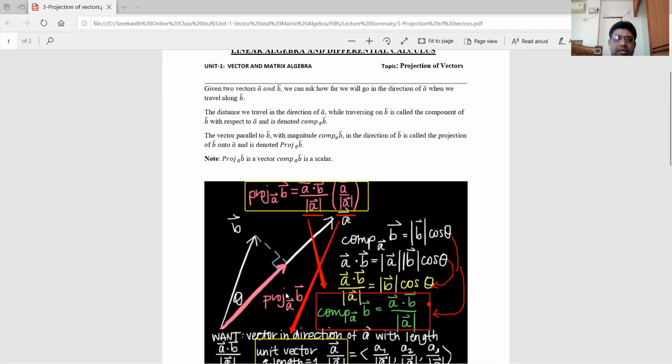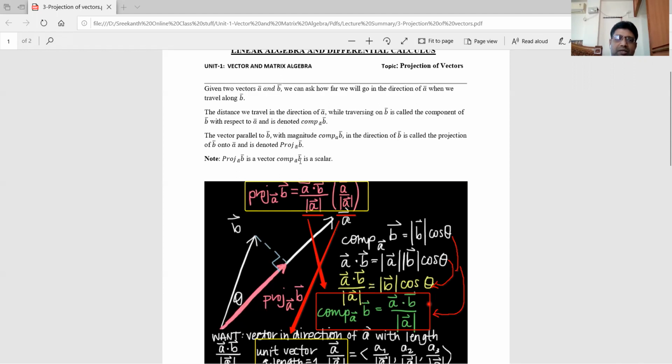Symbolically we will represent this as projection of B bar on A bar. That means this pink vector is what I want, in the direction of this vector A bar. So here projection is a vector, whereas the component is a scalar.